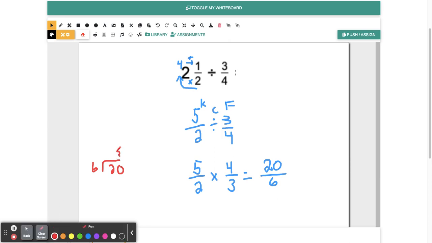So 6 goes into 20 3 times. 6 times 3, I'm just knowing, is 18. 20 minus 18 is 2. So I got 3 and 2/6.